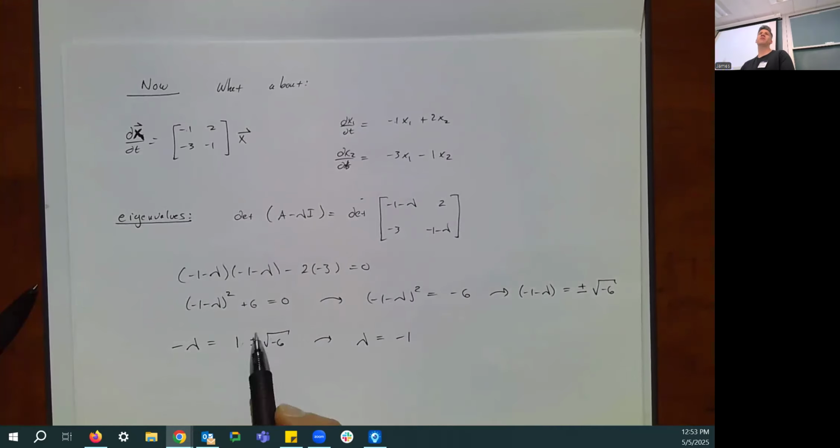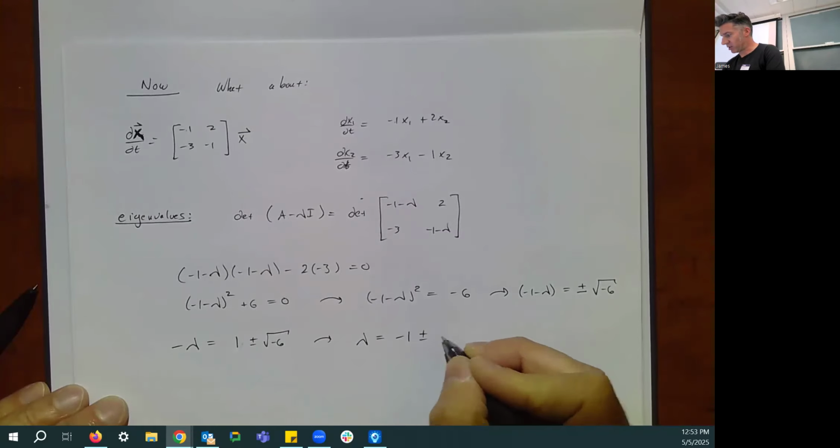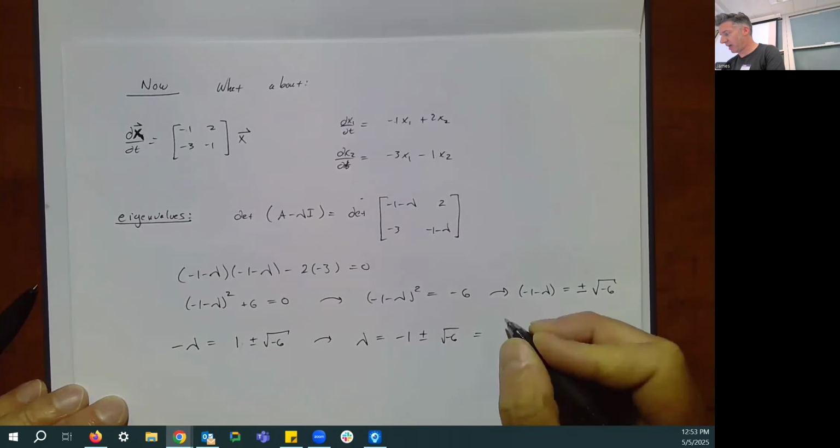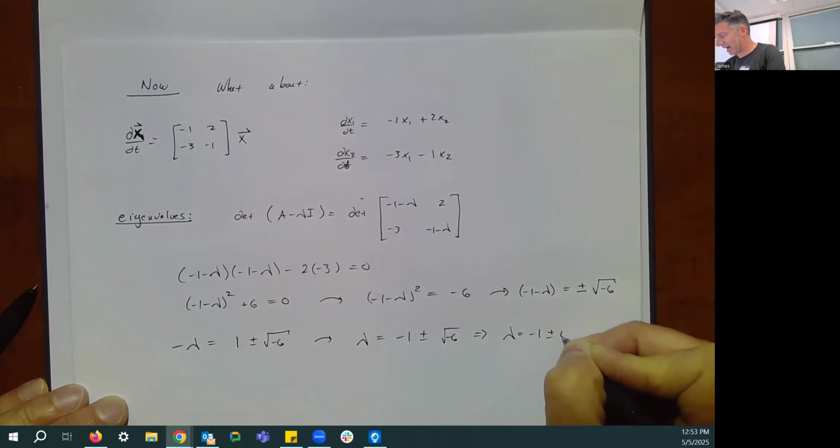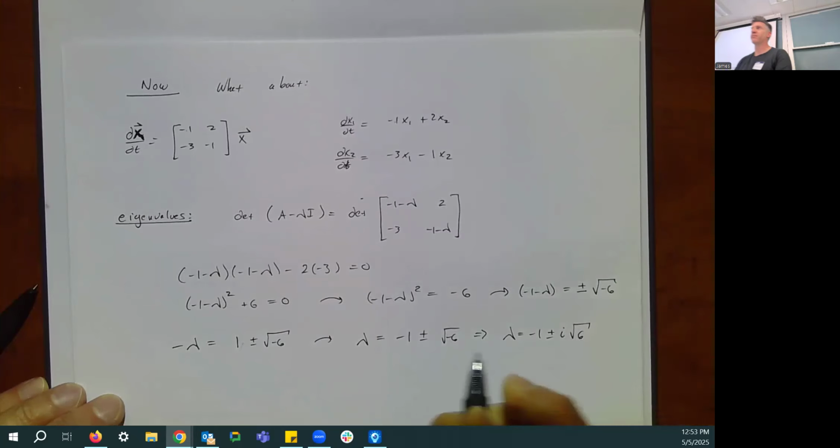If you multiply a plus or minus by -1, it's still a plus or minus. You're still adding one and subtracting the other. So same thing. This is plus or minus the square root of -6, which we're then going to rewrite as lambda equal to -1 plus or minus i times the square root of 6.